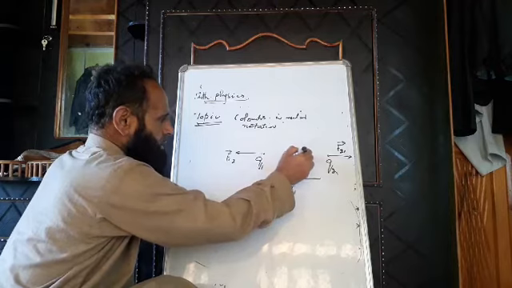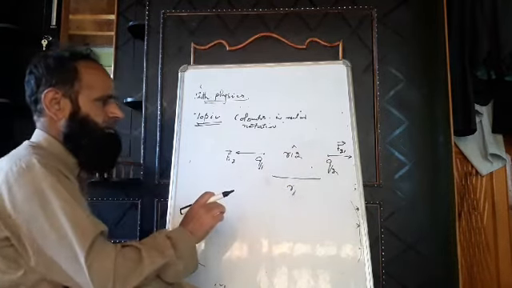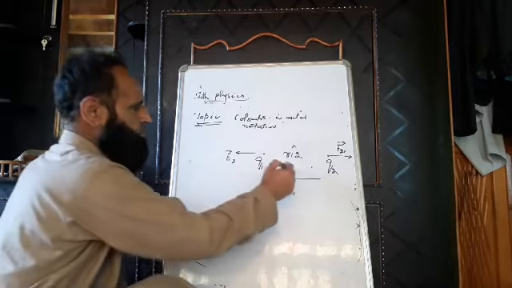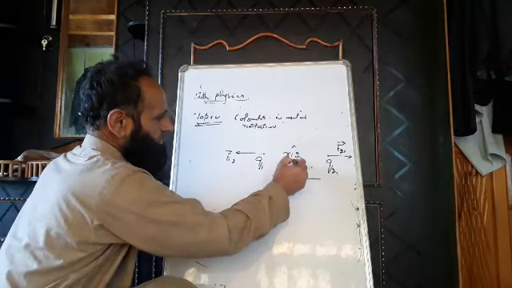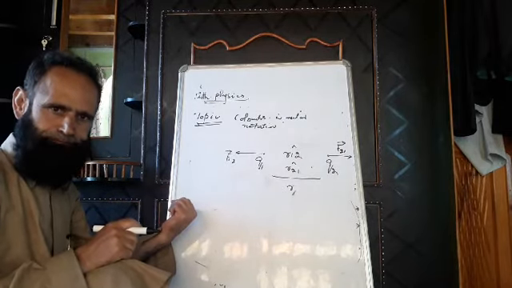And let R12 be the unit vector in the direction of Q1 to Q2, and R21 be the unit vector in the direction of Q2 to Q1.